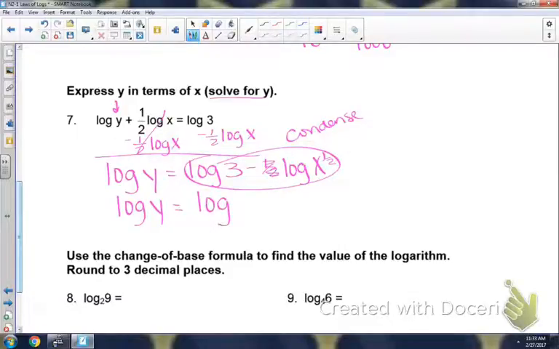So when we're subtracting, we divide. So 3 divided by, we have x to the 1/2, which means square root of x. So notice now, since we have a log that equals another log, we know y has to equal 3 over square root of x. So I just wanted you to get y by itself.